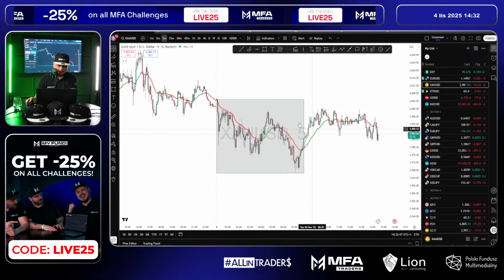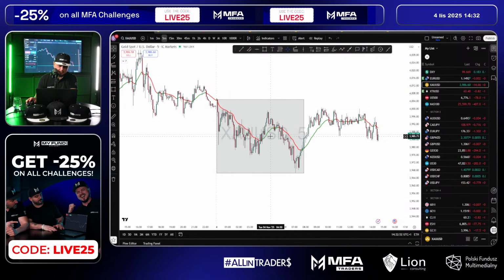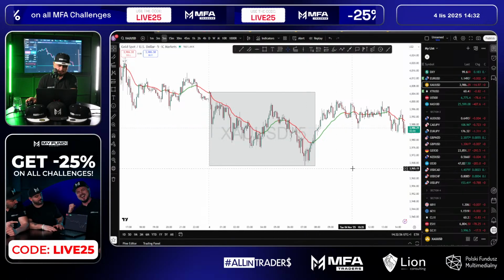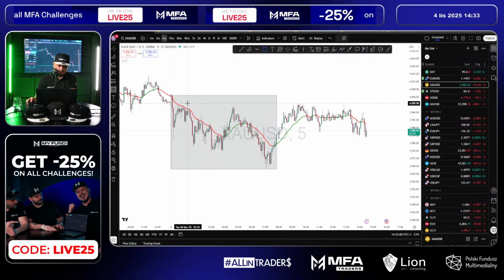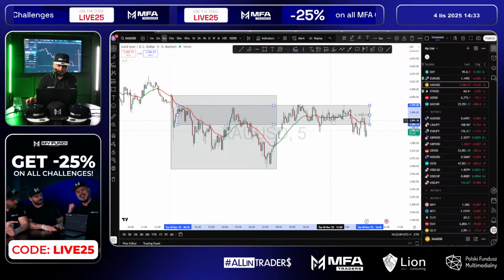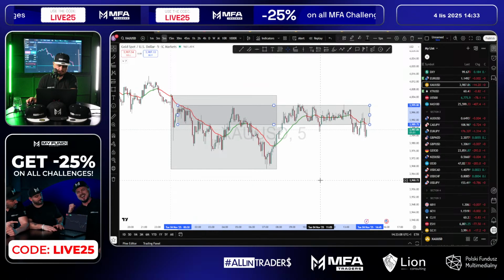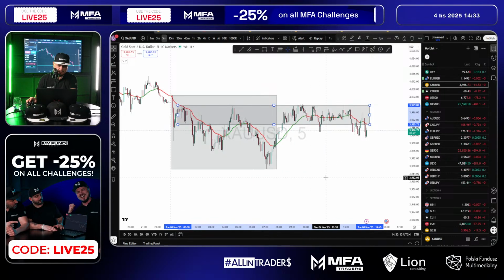Basically, the price was moving in some kind of, maybe not a range. Hard to say. I would say for sure we have a range over here. Most of the day, price was moving in this area. And probably we're going to try to use that.